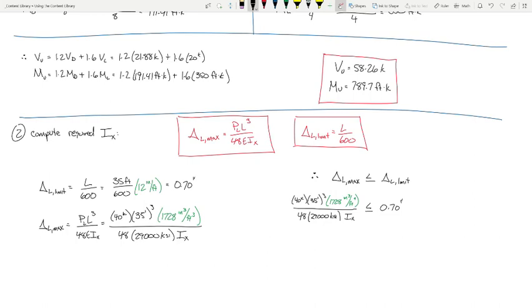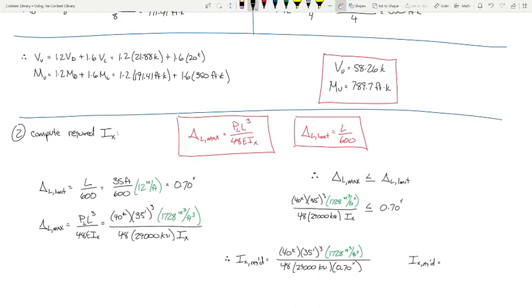So instead, why don't I just write this by saying IX required has to equal this, and I get this, what is IX required?